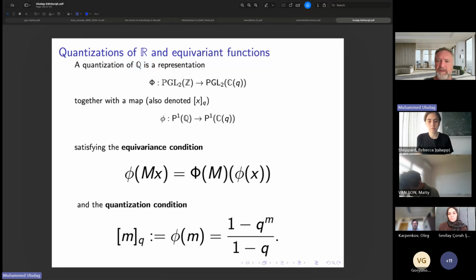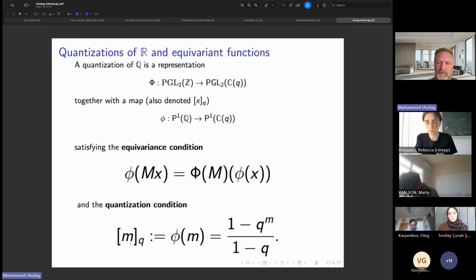First we need a representation from PGL2(Z) to PGL2(Z[q]), together with a map from P1(Q) to P1(Z[q]), which is equivariant. That is to say, phi of mx equals phi of m times phi of x. So a pair of functions, a representation and a map, satisfying the equivariance condition.